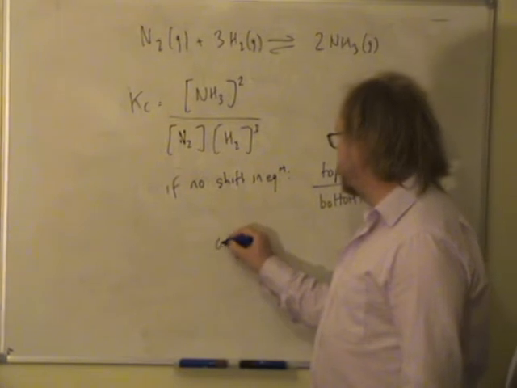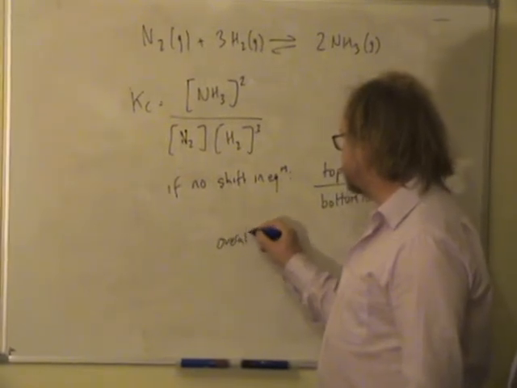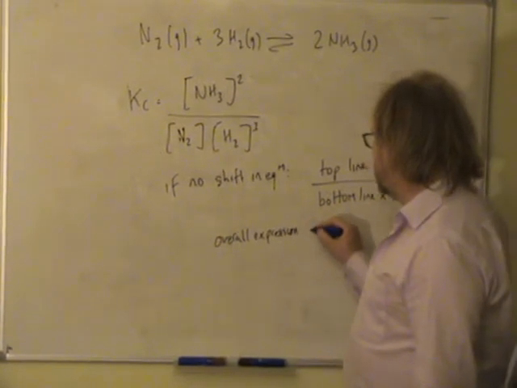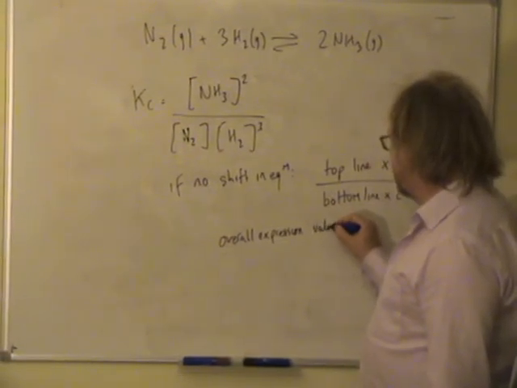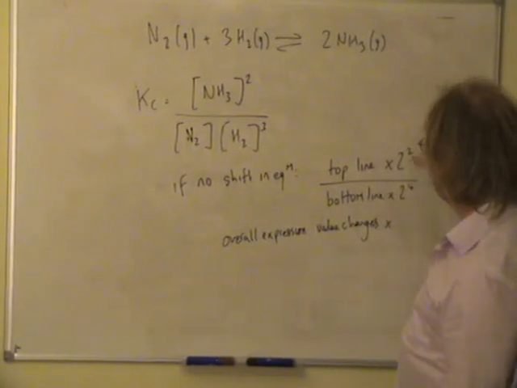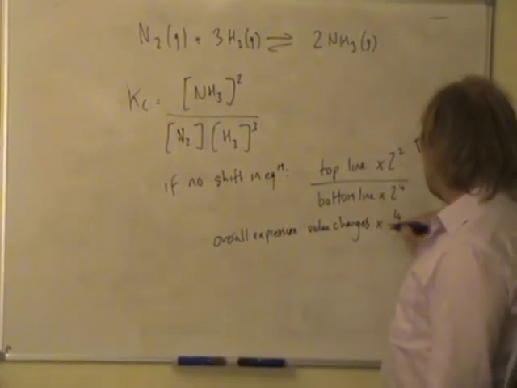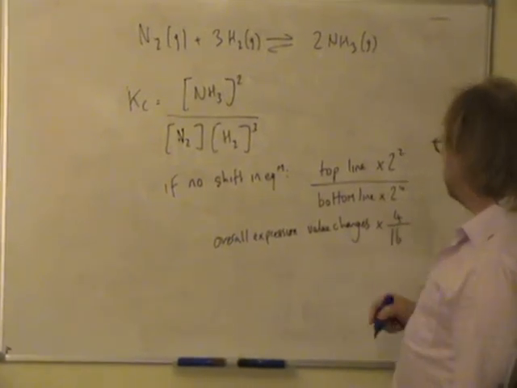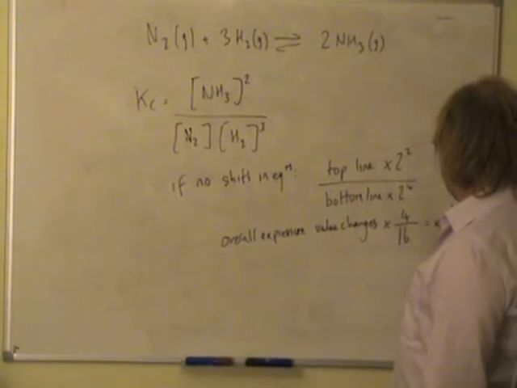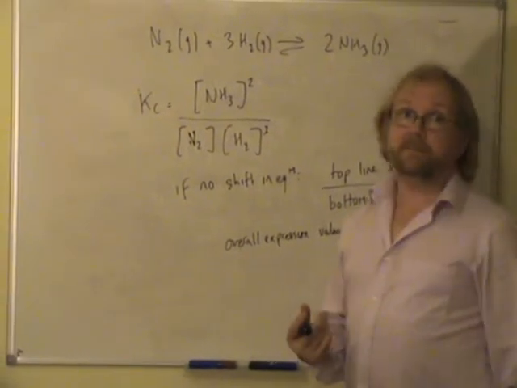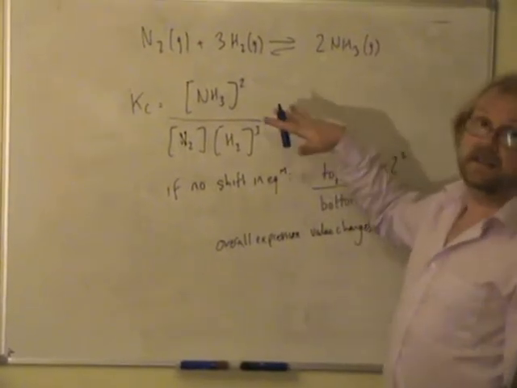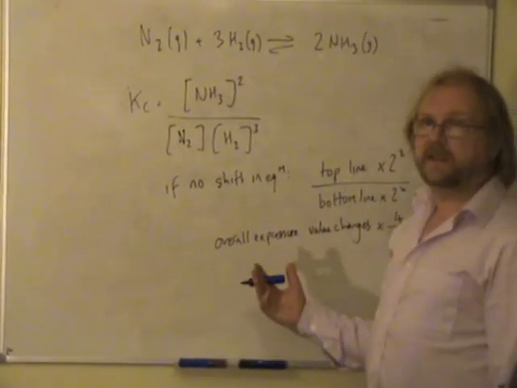So the overall expression will give a value which changes by a factor of, well, 2 squared is 4, 2 to the power 4 is 16. So it changes by a factor of 4/16, which is a quarter of what it should be. And that's the point, that it therefore has to shift, otherwise the concentrations aren't consistent with Kc.